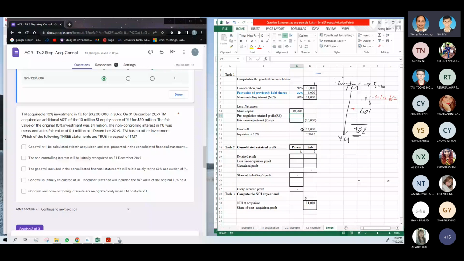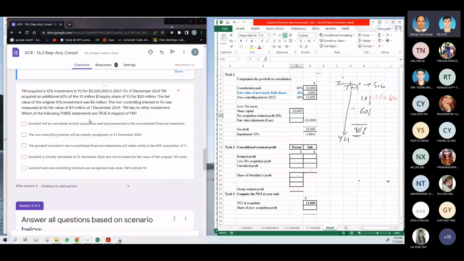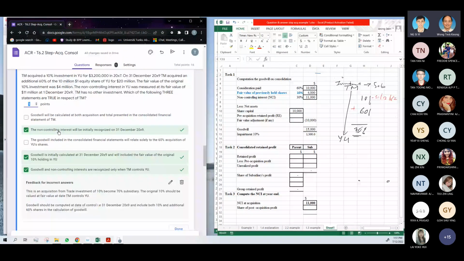So anyway, they are testing you on which 3 statements are true. So you must select 3. Goodwill recognized at both acquisitions and the total is wrong. Only when you reach 70%, one time only. First one wrong. NCI initially recognized at 31st December?